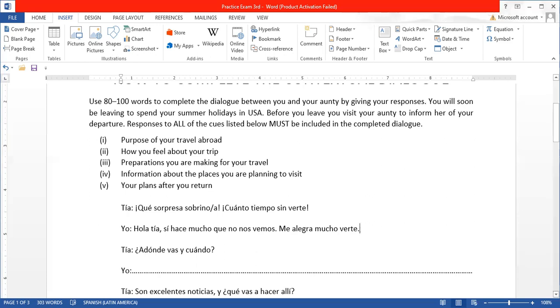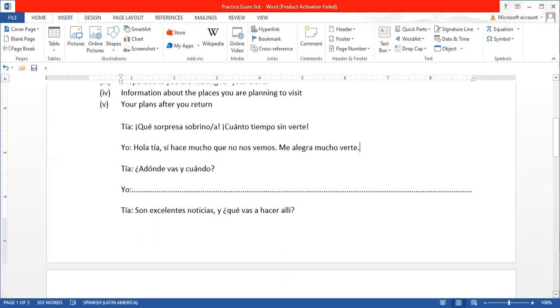So the next sentence, your auntie says, ¿a dónde vas y cuándo? What is ¿a dónde? Perfecto, excelente. Where? ¿Cuándo? Yes, it refers to time. When? So you're going to say, where are you going and when? All right?